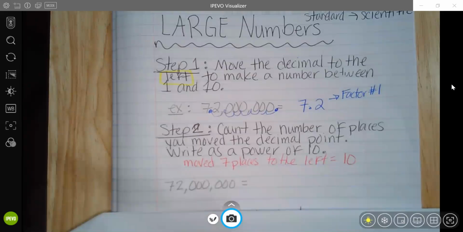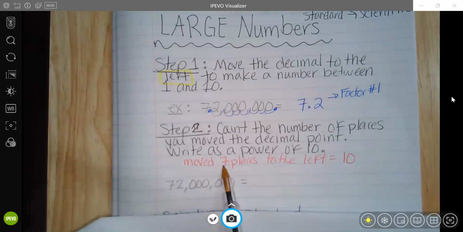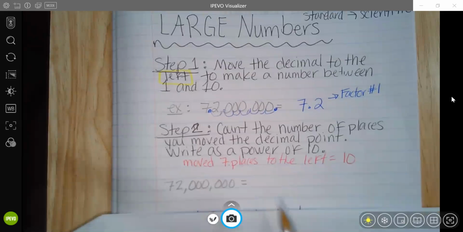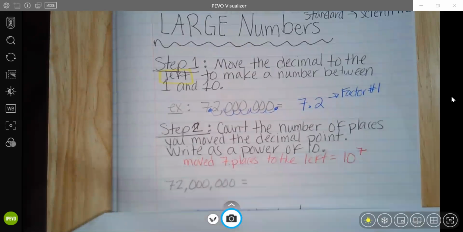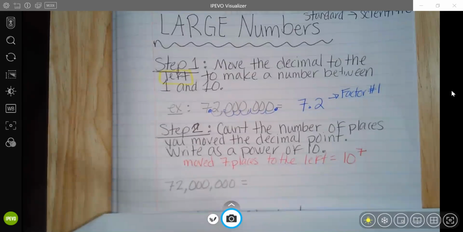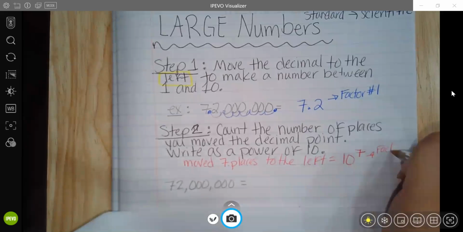How many spaces did we move it? 7. Awesome, there it is. So the power of 10 would be to the 7th power, because that's how many spaces we jumped it. And this would be factor number 2.